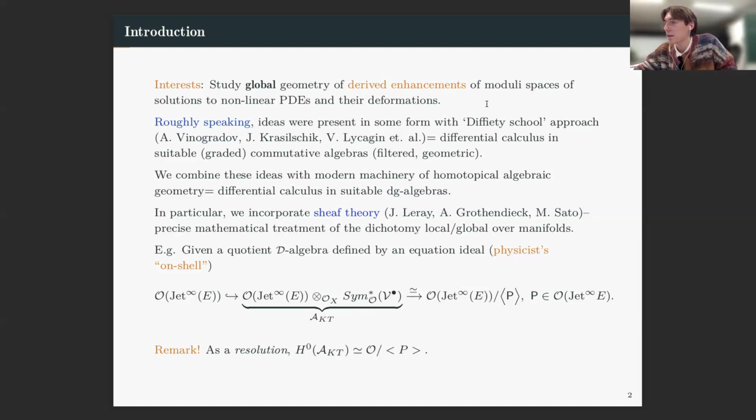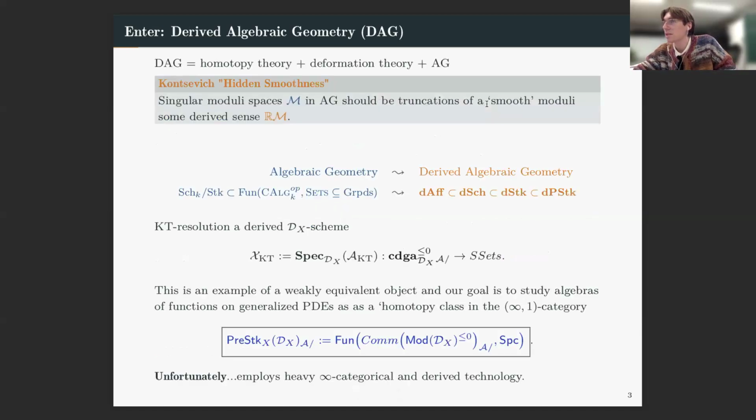So this is a very nuanced statement, which really goes back to Kontsevich, his so-called hidden smoothness philosophy, which is that if you have some mathematical object, so for us, it's going to be some solution space of these nonlinear PDEs, suitably enhanced to take into account some symmetries and some possibly non-transversal intersection loci of our PDEs, as I'll mention throughout the talk.